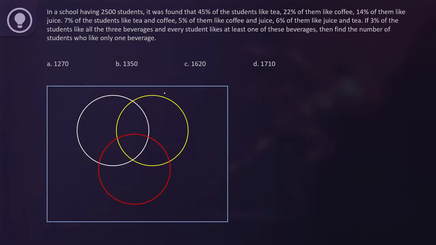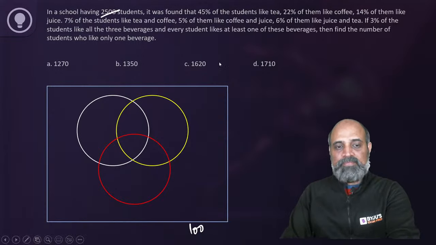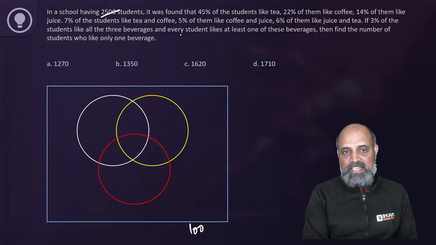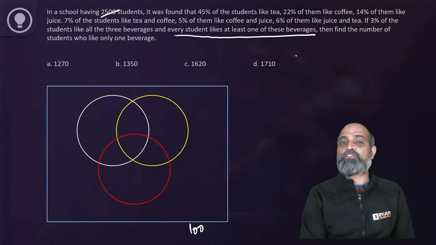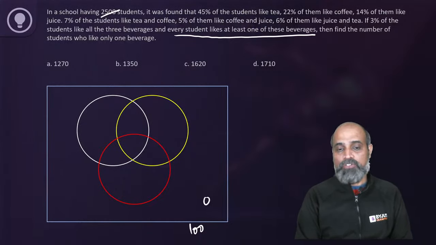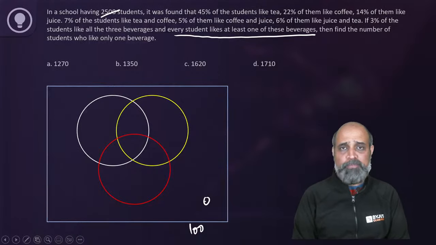So instead of 2500 students, मैं तो पहले 100 करूँगा. There are 100 students, that's what I'm going to assume. Okay. And since it says every student likes at least one of the beverages, means इधर को 0 है. I hope everybody agrees. Right?